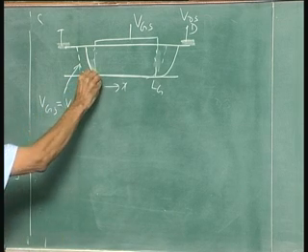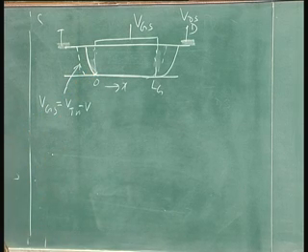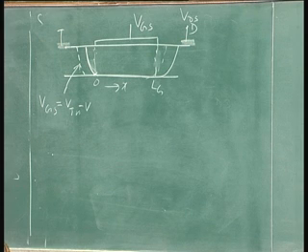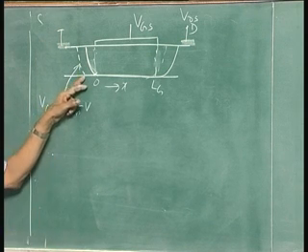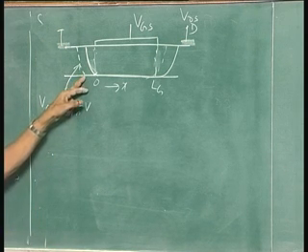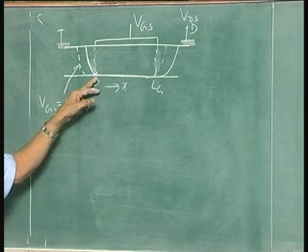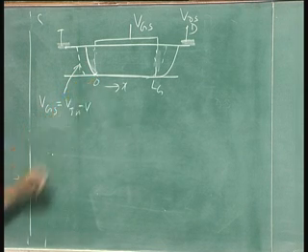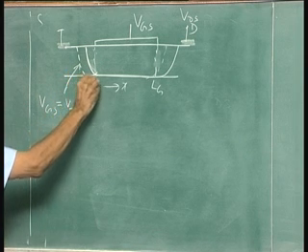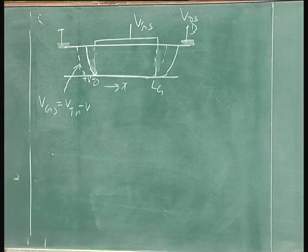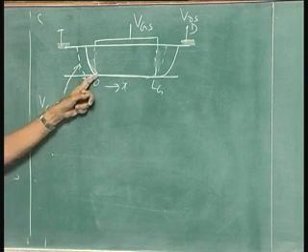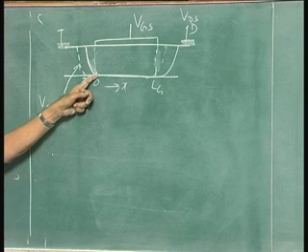And what will be the concentration here? Here it is ND. What we want to see is what is the concentration here. That concentration has fallen down because there is a drop from here to here by an amount equal to V, because VGS is VTN here corresponding to that depletion layer.